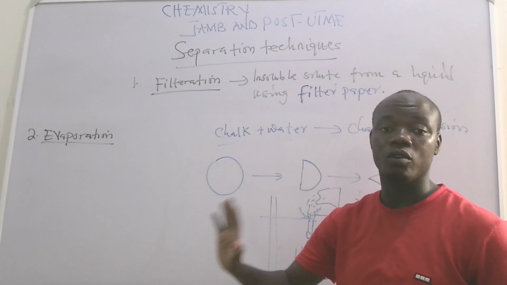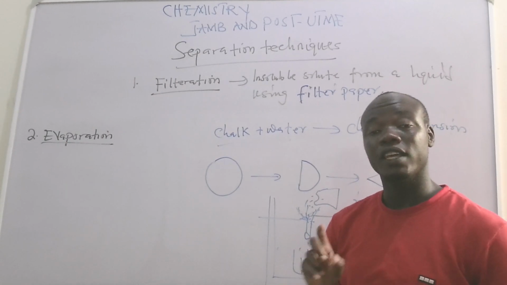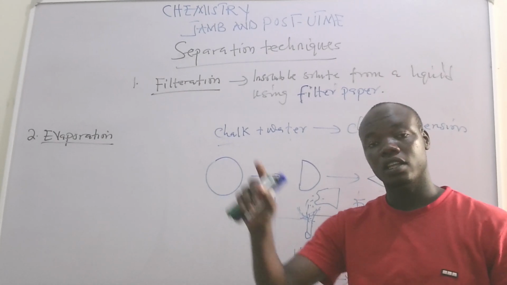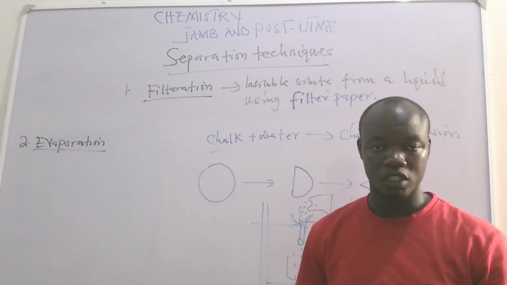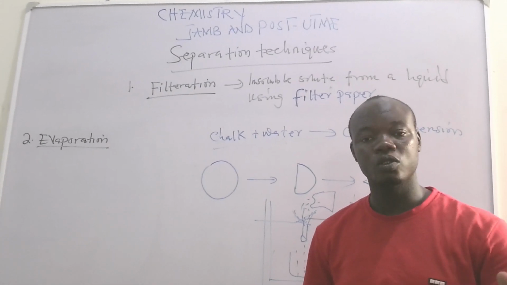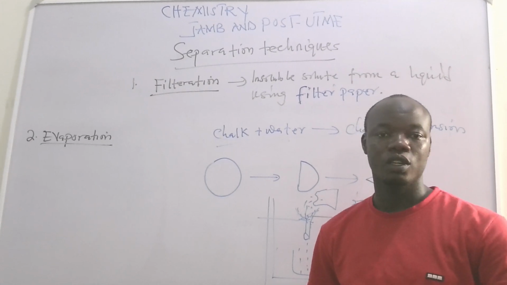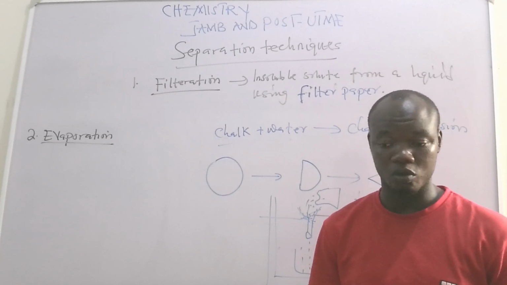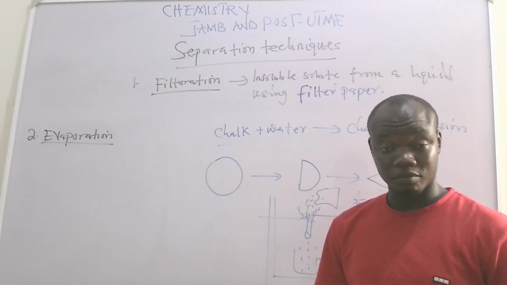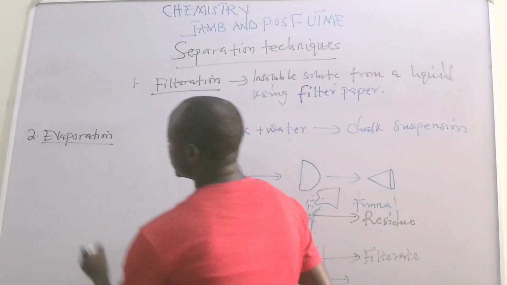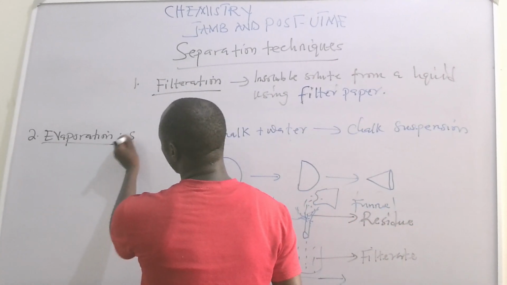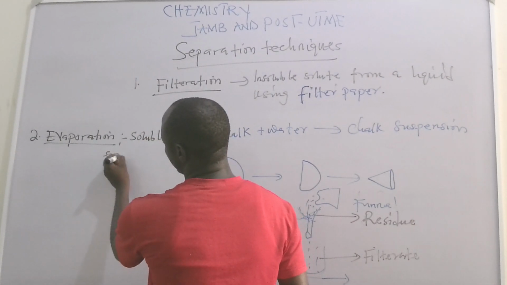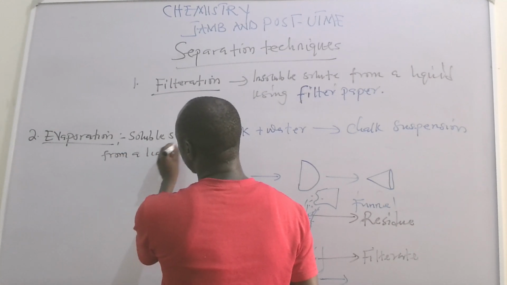But in this case, we are going to use evaporation. Evaporation is the type of separation technique used to separate a solvent and a soluble solid. Soluble solid means a solid that dissolves in a solvent. That type of mixture is, of course, a solution.